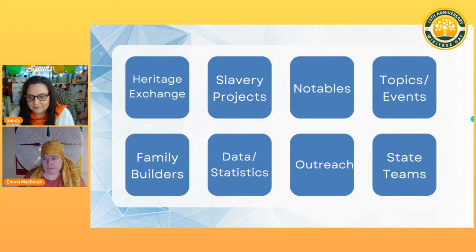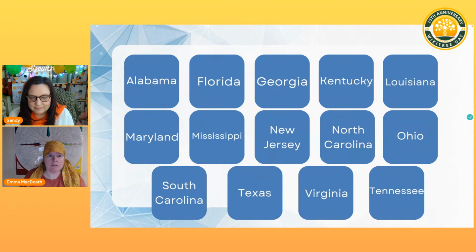About a year ago, we moved to state teams. And so we're working more on a community level. And I have a list of those teams that we currently have. And again, it's not a case of we don't want to work in all 50 states. It's just a case of we can only create teams as we have new project leaders.